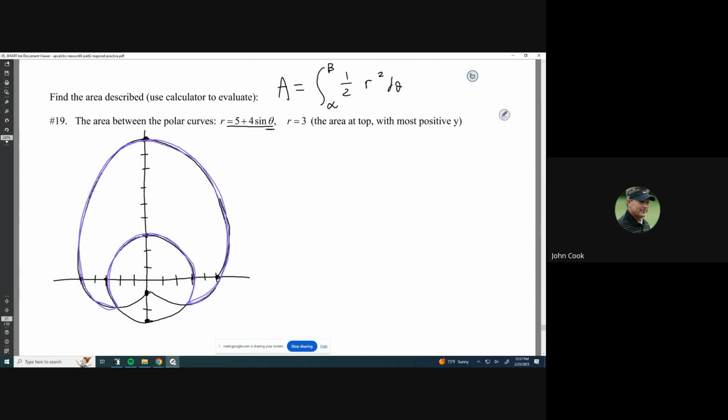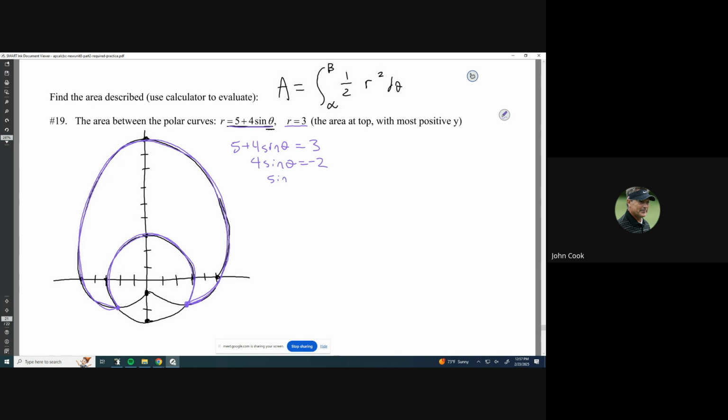All right, so how will we put something like that together? Well, I see that there are some intersection points, and in the previous problem, I solved for them. I'll solve for them again really quickly. The intersection points happen when you set the equations equal to each other. So 5 plus 4 times the sine of theta equals 3. So 4 sine theta equals -2.